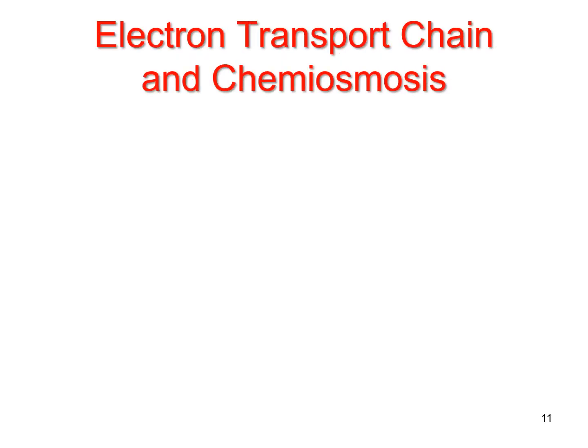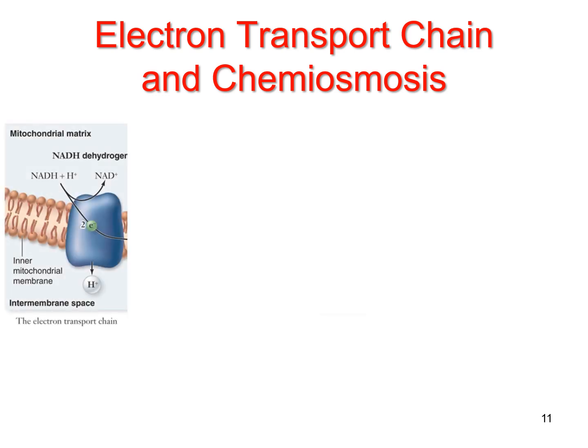Let's take a closer look at the electron transport chain and chemiosmosis. Remember, these processes occur on the inner mitochondrial membrane. When NADH enters the electron transport chain, electrons and hydrogens are released from NADH, and we finally get our NAD+ back.